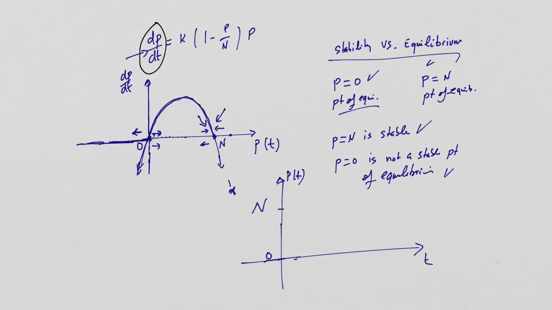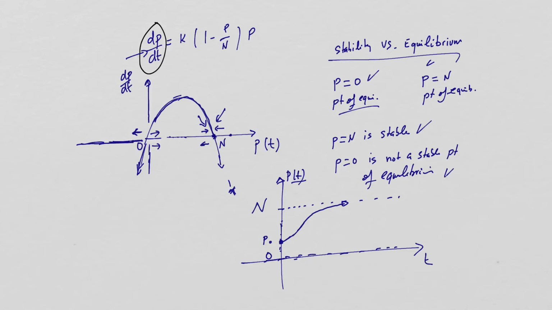If p is here, then dp/dt is positive and therefore the function has to be increasing. So anywhere in here, your function p of t has to be increasing. So let's say the population is p0, okay? It's going to have to increase. But then n is a point of equilibrium, and so is 0. So the population would have to stabilize around n, okay?